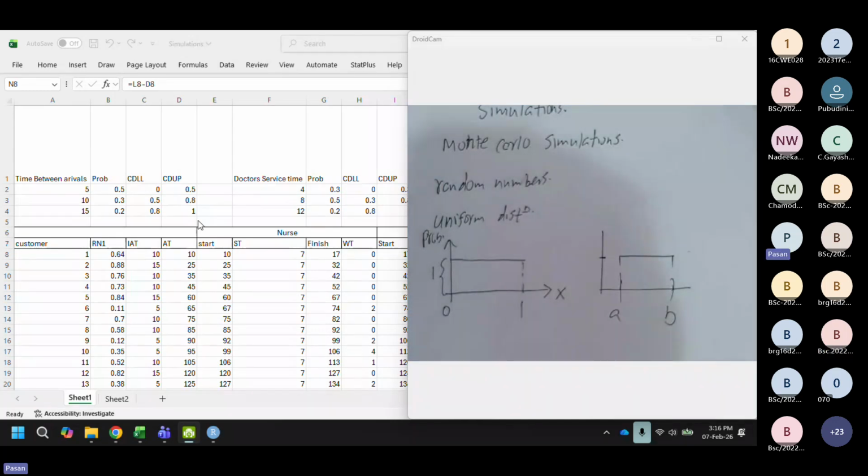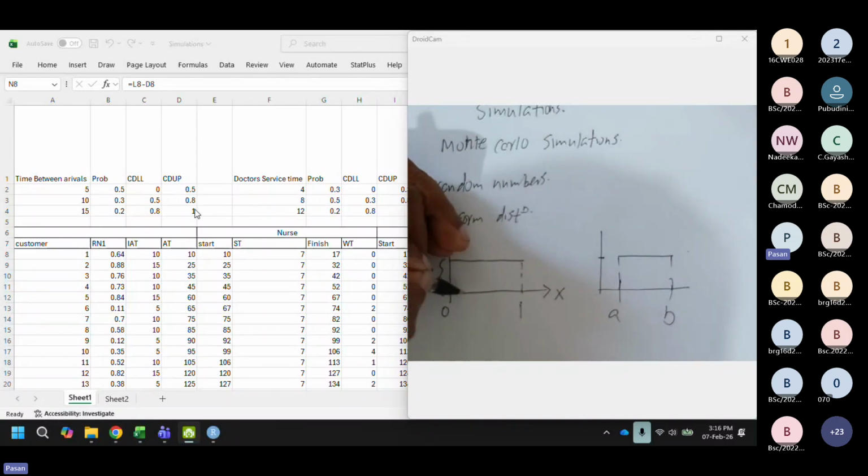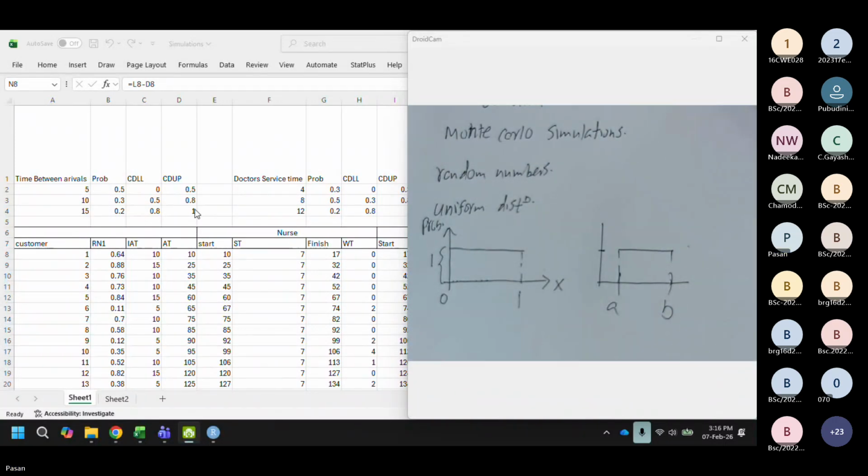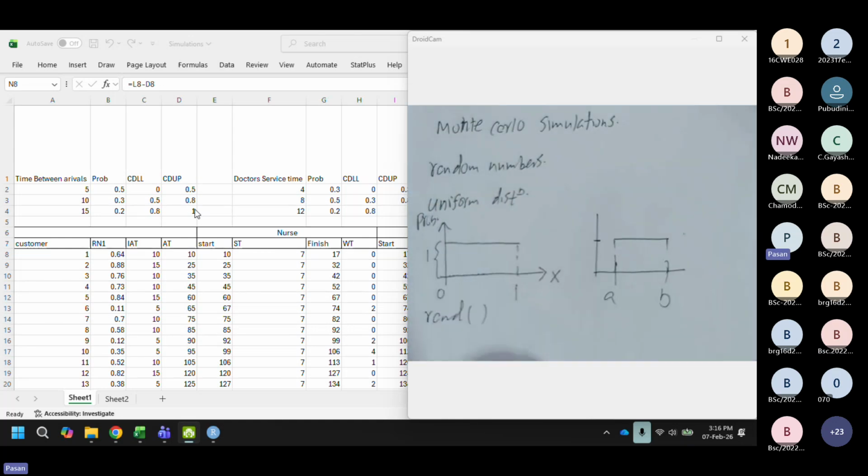right? So what we are saying is that each and every value between 0 and 1 has an equal chance. Okay, so that's the idea of the uniform distribution. In Excel, I can use the RAND command to generate the random numbers.